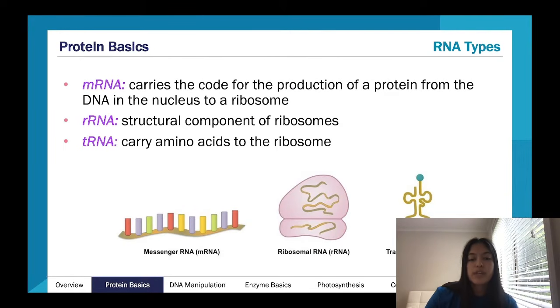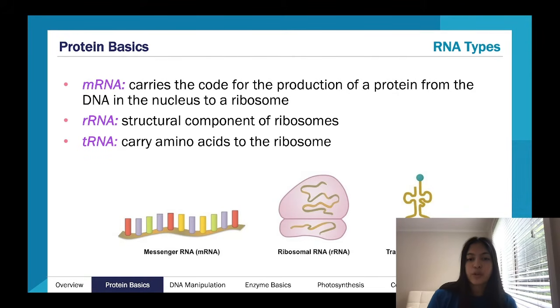So it's really important to understand the 3 RNA types: your mRNA, your rRNA, and your tRNA. mRNA is the main one that we'll talk about because it's very involved with protein production. The idea is that it is the basis of forming that protein, or gives the specific instructions to form a certain protein. rRNA is the one you least look at.